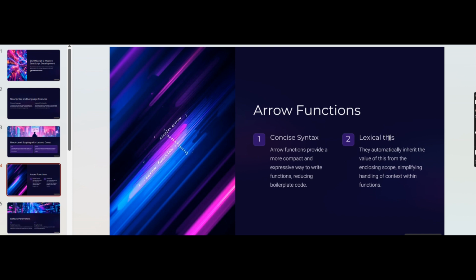Lexical this. The concept of this in normal functions: I have described the difference between the arrow function and the normal function in one of my videos, so please go to that video on my YouTube channel if you haven't seen it. Arrow functions automatically inherit the value of this from the enclosing scope.